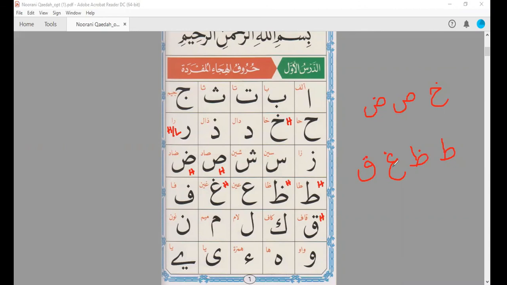These are the seven letters which are always heavy, no matter what sign comes on them: fatha, kasra, sukun, damma, anything. All right, let's do this.